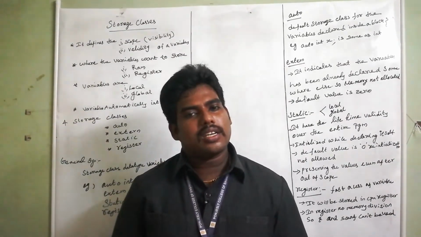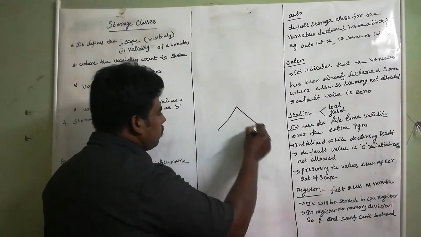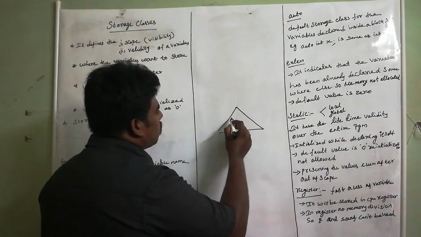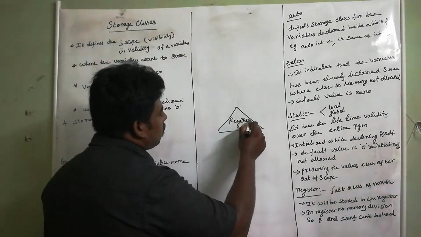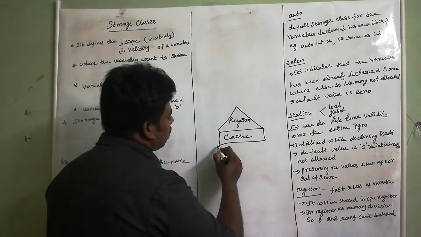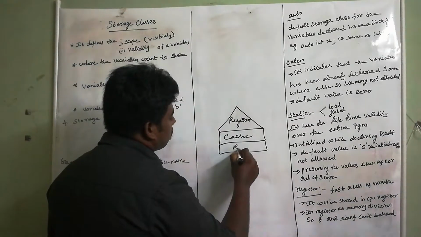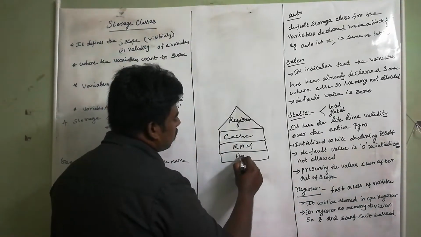What is register? If you see the memory hierarchy, inside the CPU, first register will be there, then cache, then RAM, and then only your hard disk drive.